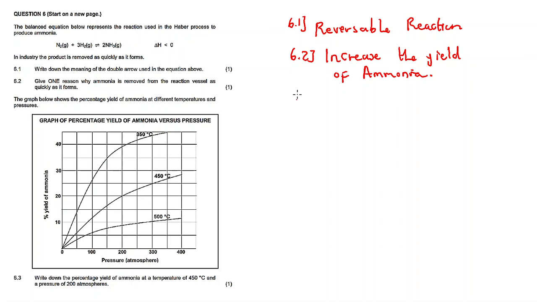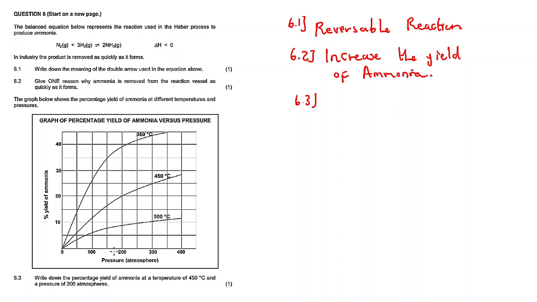Now 6.3. On the graph we have percentages on the y-axis, and on the x-axis the pressure, and the curves represent the different temperatures. Now 6.3: write down the percentage yield of ammonia at a temperature of 450 degrees and a pressure of 200.